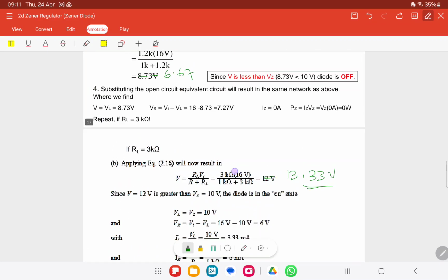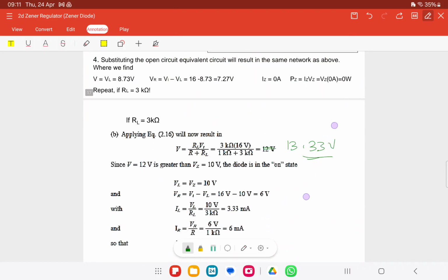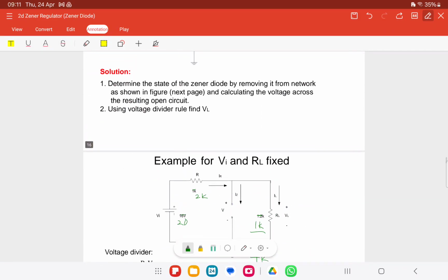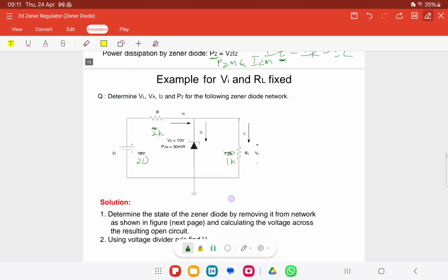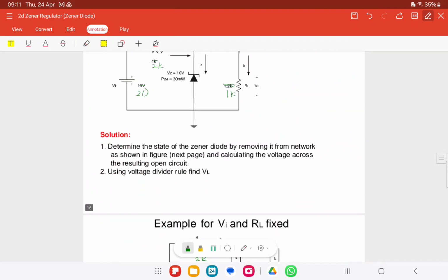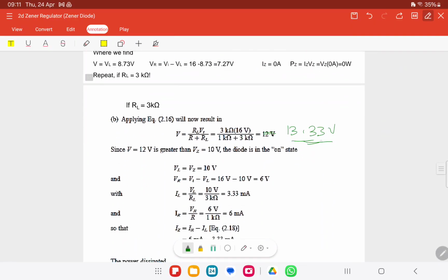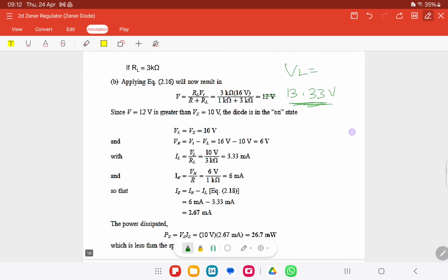Once the diode is on, we proceed with the given VZ value. Earlier I wrote to use the VL value, which was wrong. The 13.33 is just to determine whether the diode is on or off. Once the diode is on, we need to use the given VZ value.